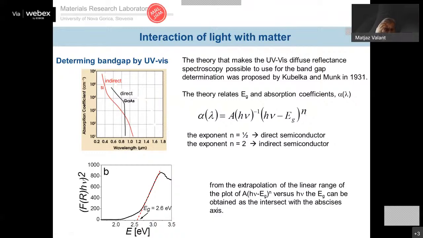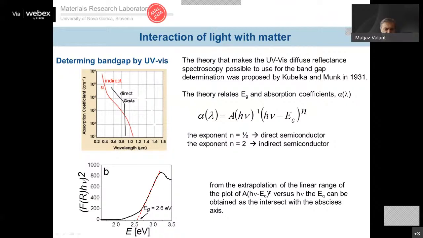Then we extrapolate the absorption slope of the semiconductor with this equation, using n equal to 1/2 or n equal to 2.